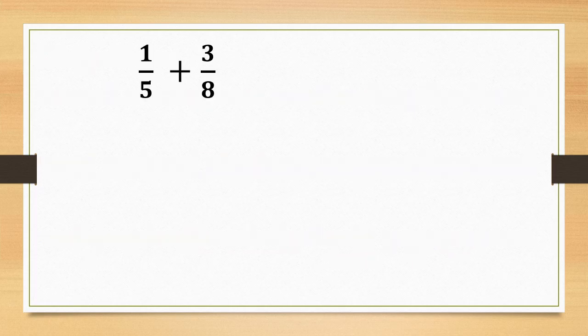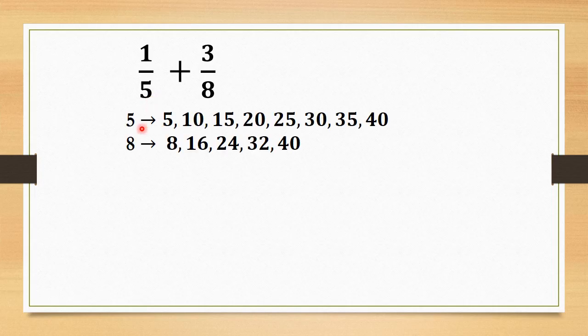So if we have 1/5 plus 3/8, let us add the dissimilar fractions, because our fractions have different denominators. To add them, let us first find the LCD. To find the LCD using the listing method, we list the multiples of 5: 5, 10, 15, 20, 25, 30, 35, 40.